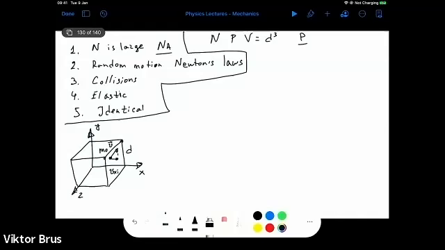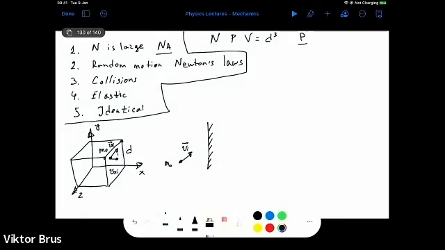So let us consider one molecule which interacts with the wall of the container. Here we have the wall of the container. Here we have some molecule with mass m0. This is the velocity vector of this molecule, v_i.